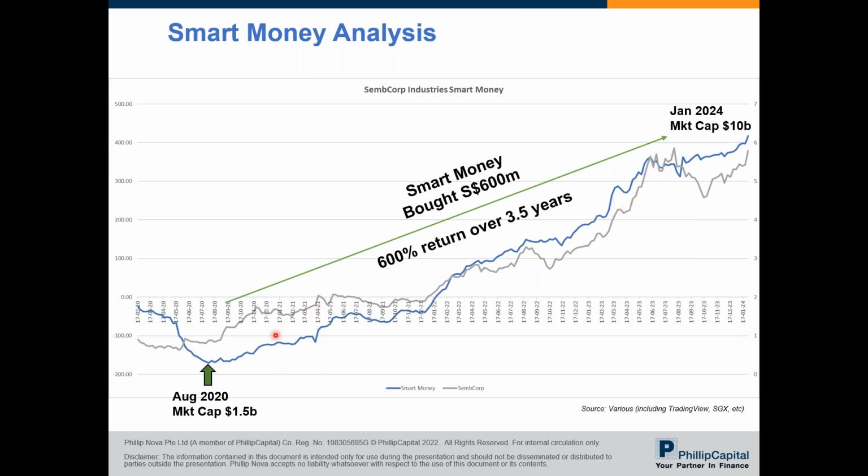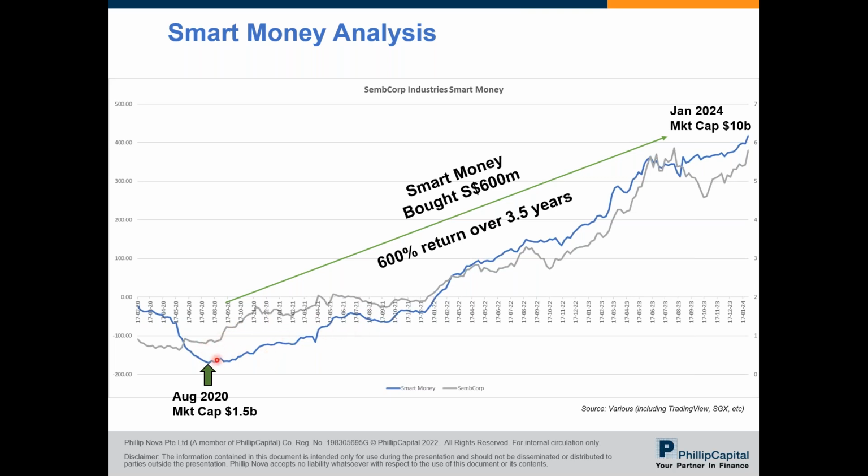So of course, looking back, now we can try to understand why Sembcorp Industries moved so much. Firstly, what happened in August 2020? If you were to just read up the news, you know that somewhere in mid 2020, right, Temasek did a deal to help Sembcorp Industries divest its investment in Sembcorp Marine, right? Sembcorp Marine, of course, eventually changed its name to CTM now.